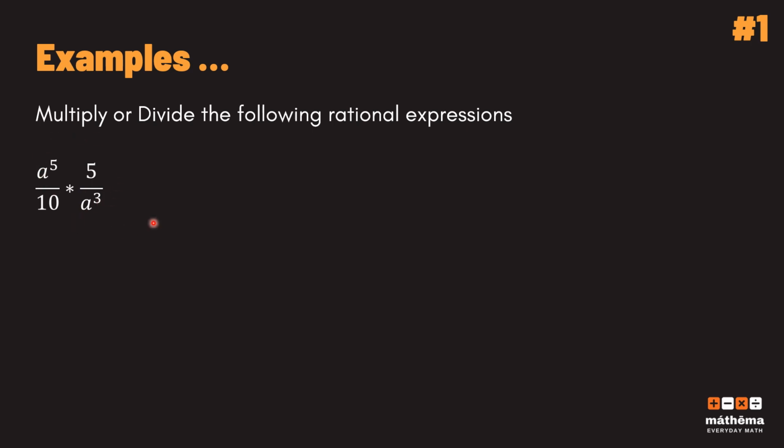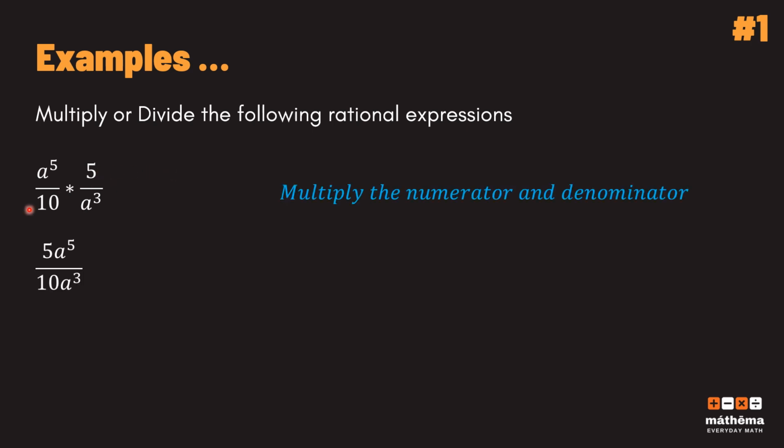Again, the same concept: multiply the numerators and then multiply the denominators. So a to the fifth power times 5 will give us 5a to the fifth power, and then 10 times a cubed will give us 10a cubed. And then we are going to simplify.